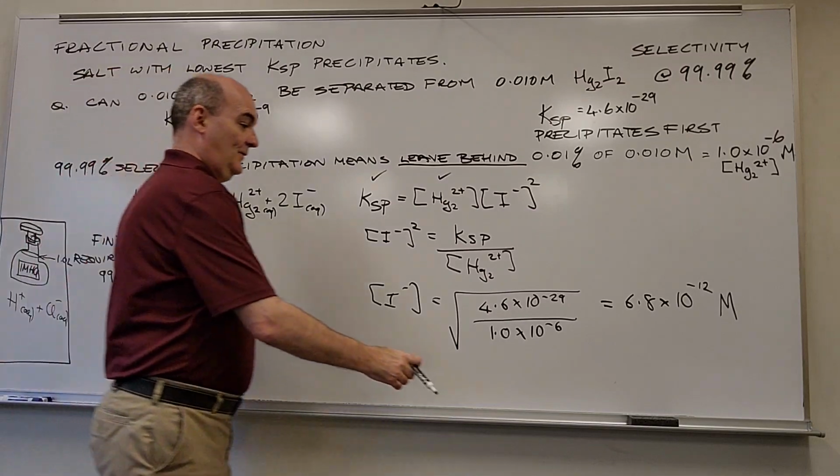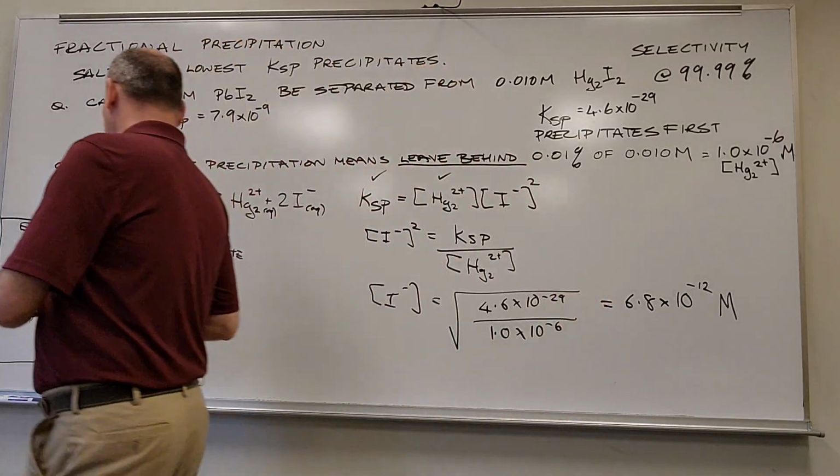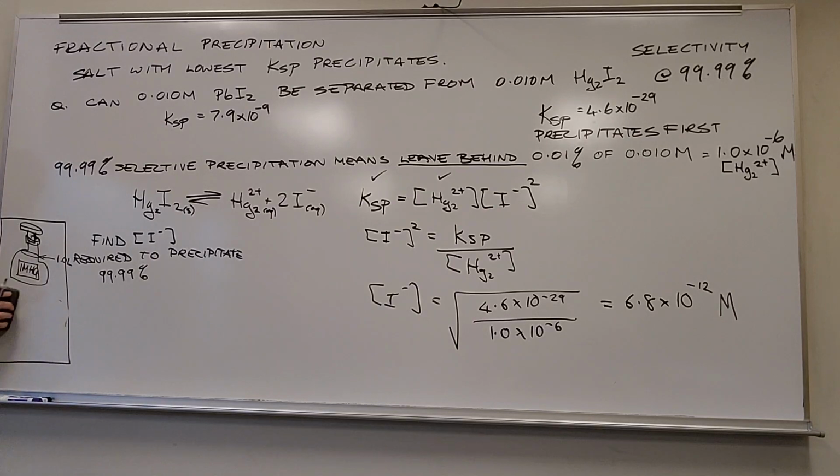What if it says 1 molar calcium nitrate? How many moles of calcium nitrate are in this 1 liter bottle?